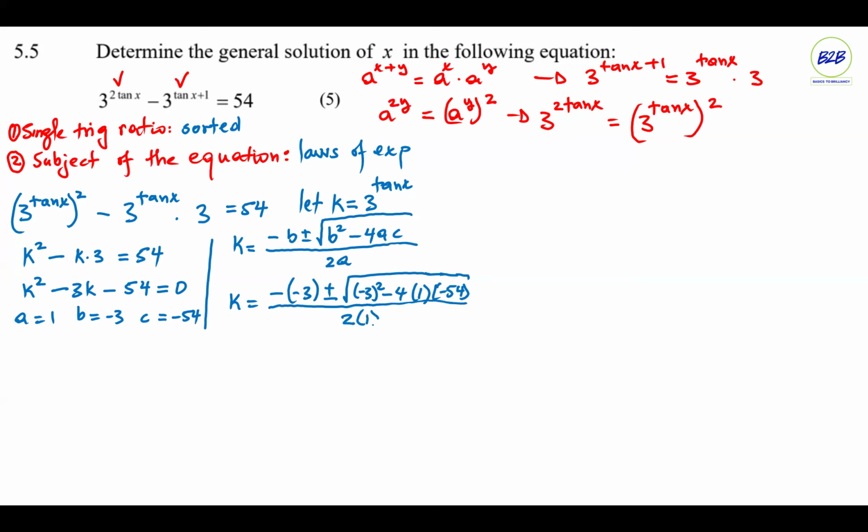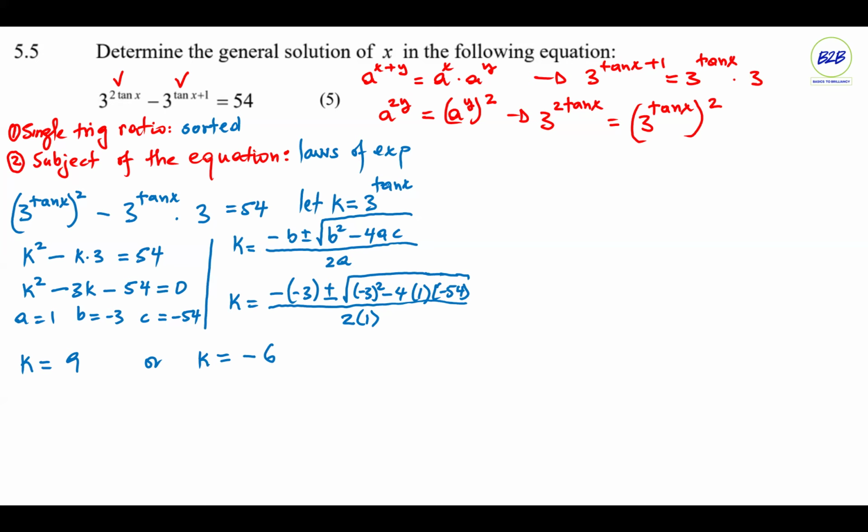What is A? 1. And then when we press our calculator, we will discover that actually K is equal to 9, or K is equal to minus 6. But we are not solving for K here. Remember, what is K?